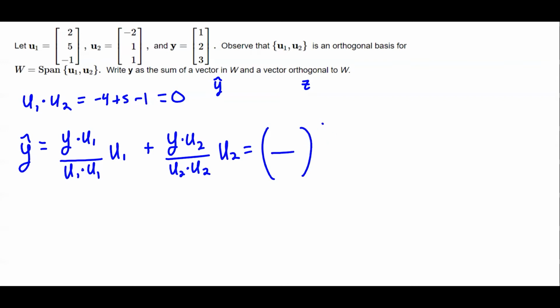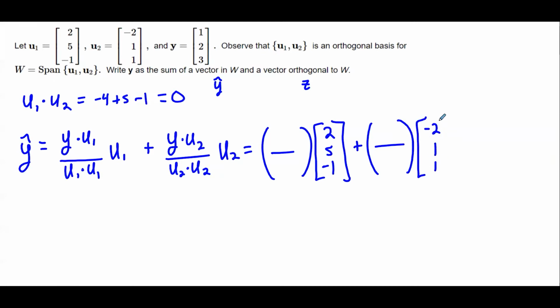All right, so I like to set up these calculations beforehand. Let's get everything ready for me to plug these in. So this numerator here is y dot u1. I've got y, I've got u1, just take the dot product. So I've got 2 plus 10 minus 3.